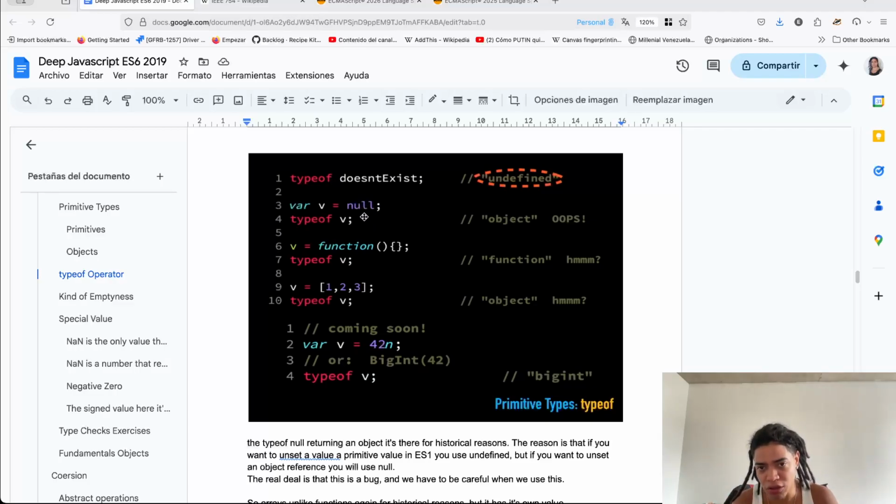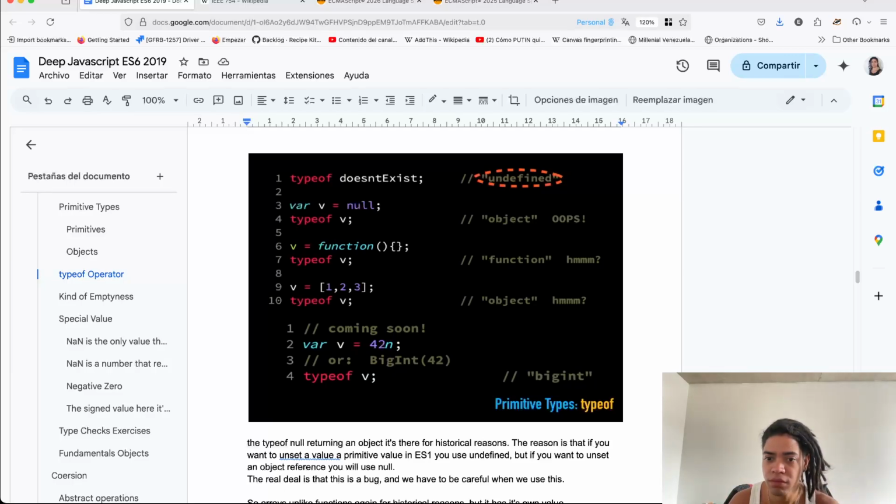And because of the way that it works, essentially it indicated to developers that if you wanted to unset a regular value, like a number, you would use undefined, but if you wanted to unset an object reference, you would use null.